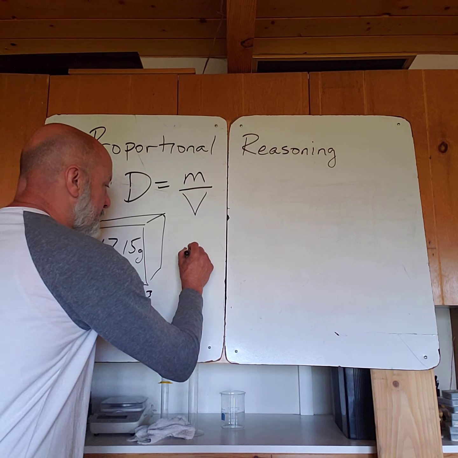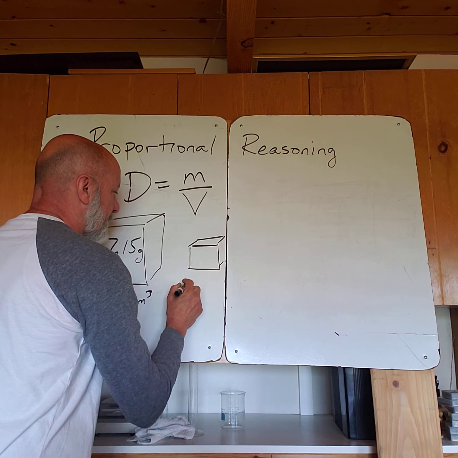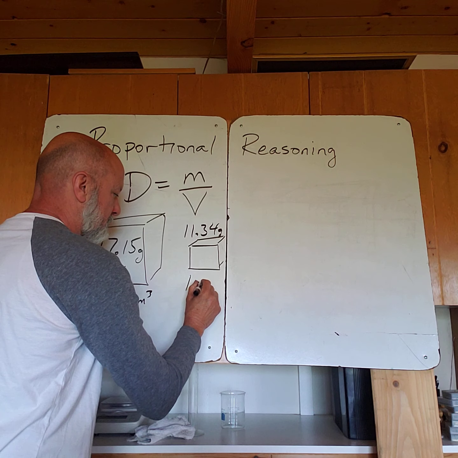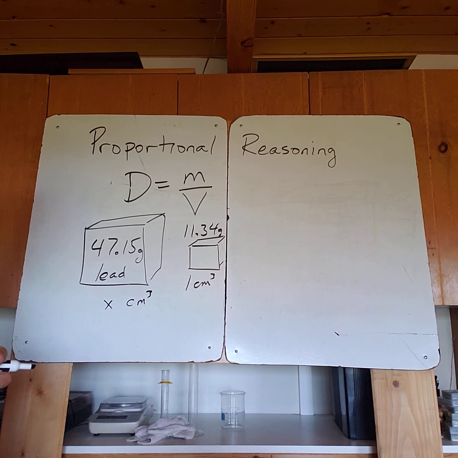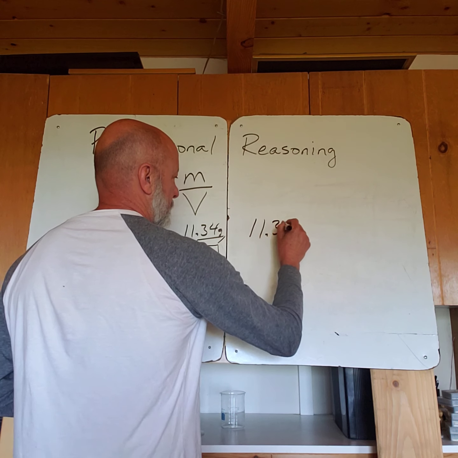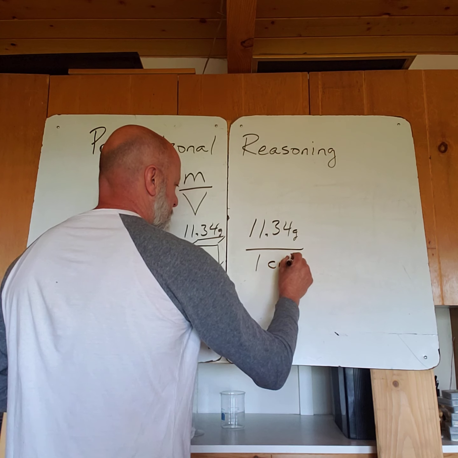I know this relationship because I've looked it up. If I have 1 cubic centimeter, it'll have 11.34 grams. So let's set up our proportion. 11.34 grams is to 1 cubic centimeter.